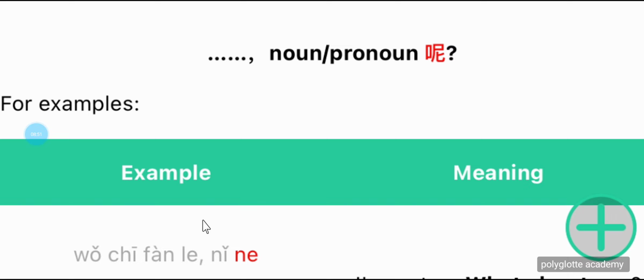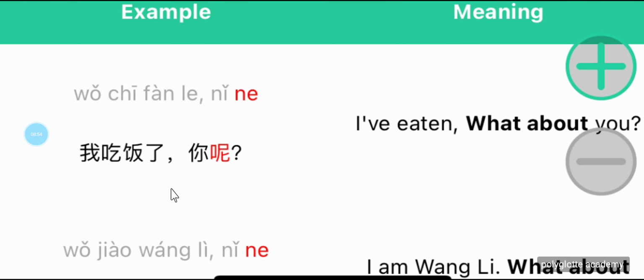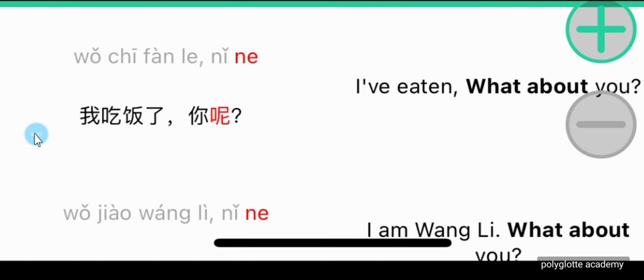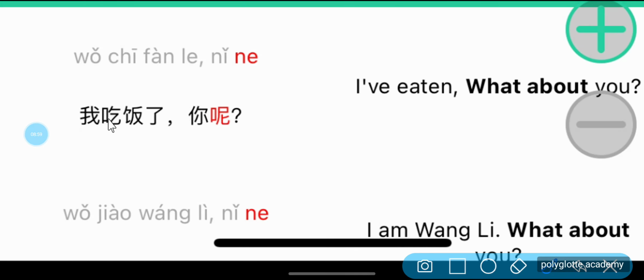So for example, we have here 我吃饭了, which means I have eaten. We've been saying these characters time without number. 我吃饭了. It means I have eaten. 你呢, what about you? 我吃饭了，你呢?